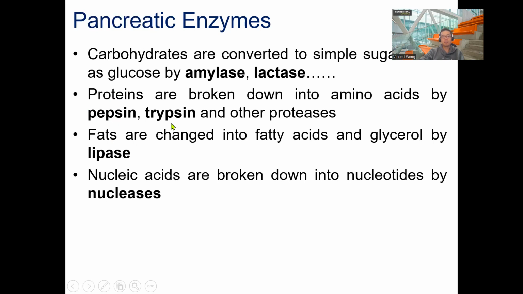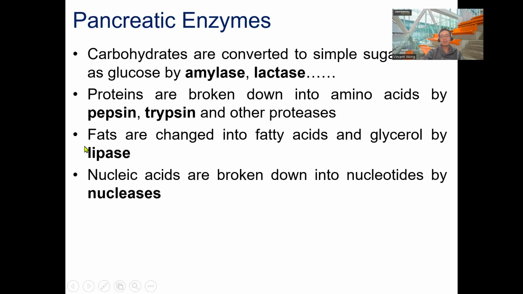Pepsin has a cousin named trypsin. They are related in terms of chemical functions, and there are other proteases, which break down protein in general. And then we have fats, which need to be broken down by lipase. So, all that emulsification that's going on with the bile, after you break it down to smaller droplets, the lipase will finish the chemical digestion.